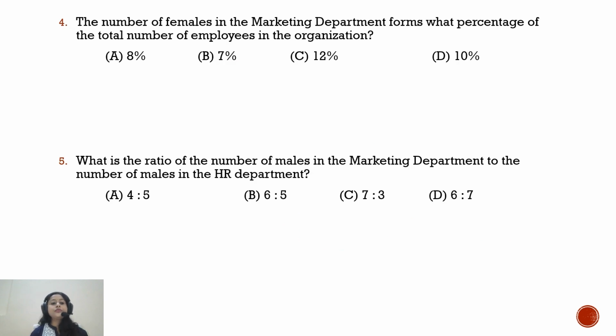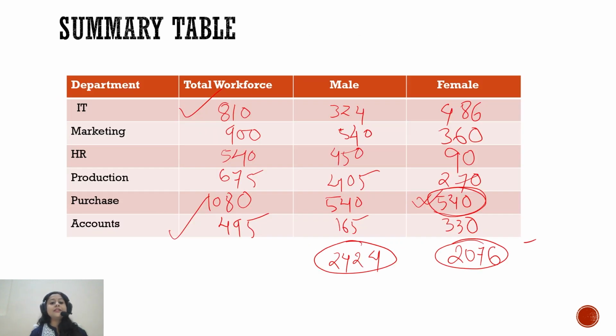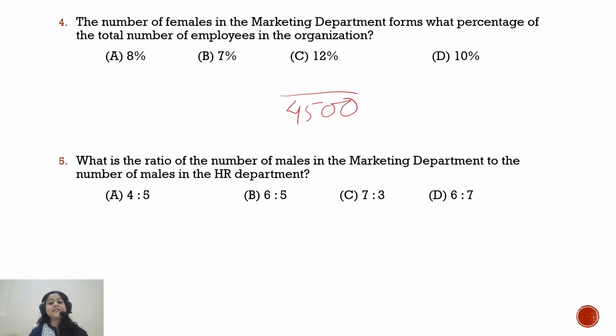Next, we will move to the fourth question. The number of females in the marketing department forms what percentage of the total number of employees in the organization? We know the total number of employees in the organization is 4500, and the number of females in the marketing department is 360. So 360 by 4500 into 100 will give you the value.